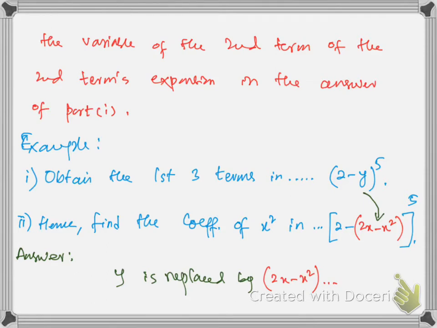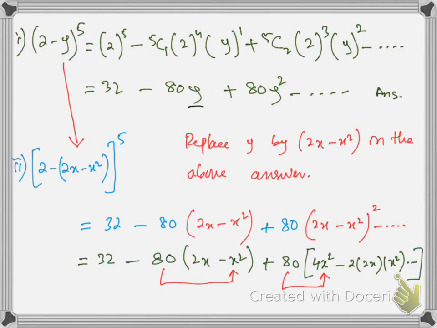See, the variable of the first expansion is replaced by another variable here. Y is replaced by this thing. This is very important. So when you solve this second part, you need to replace this y and this y by this thing.